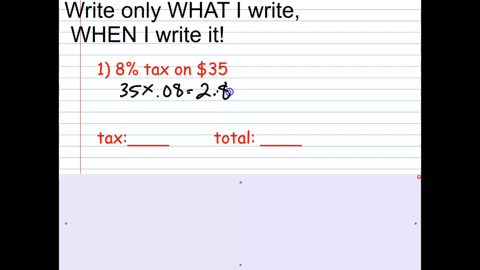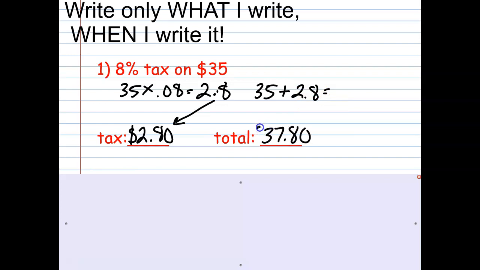All right, but that does not look like money, does it? So if it just asked, hey, what's the tax on that? It'd be $2.80. If we want to know the total, okay, so that's the tax. If we want to know the total, we would need to take the original amount, 35, plus the $2.80 in tax, and we would get a grand total of $37.80, and that's the total. So we're going to kind of like show our work that way.